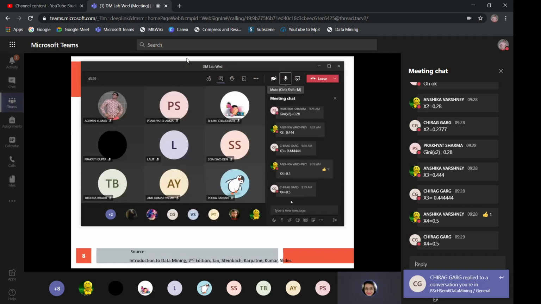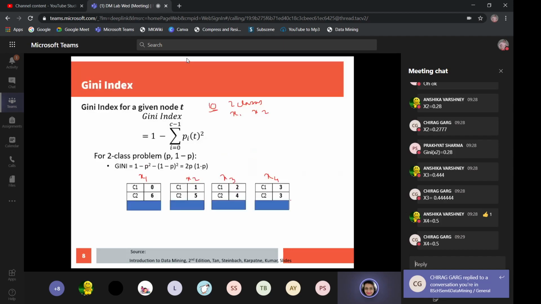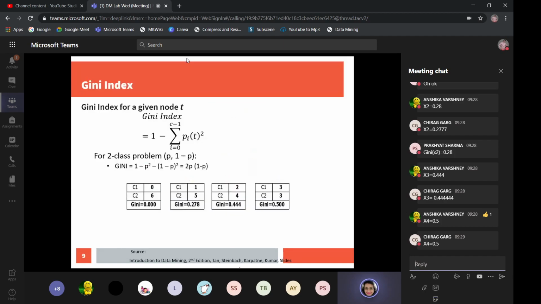Okay. X3 is 0.44 and X4 is 0.5. Let's see. We will try to compute at least up to 3 decimal places, because this was 0.2777, so it was 0.278, 0.444 and 0.5.